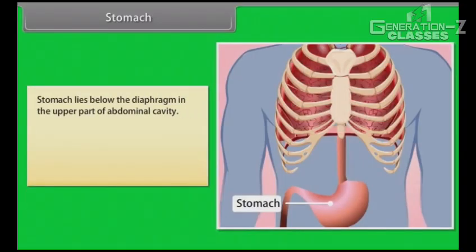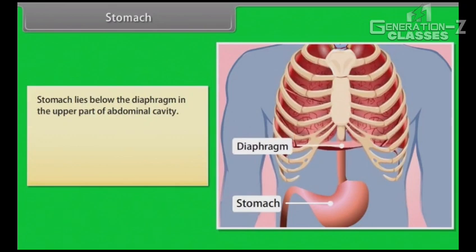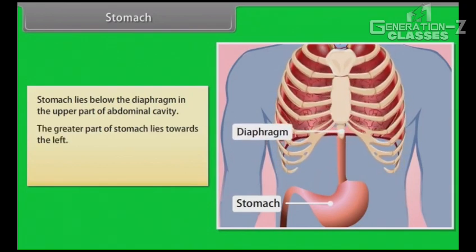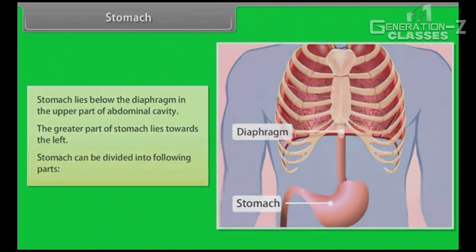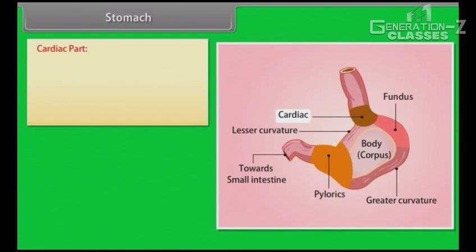Stomach: the stomach lies below the diaphragm in the upper part of the abdominal cavity. The greater part of the stomach lies towards the left. The stomach can be divided into the following parts. Cardiac part: the esophagus opens into the cardiac part by an aperture called cardia.